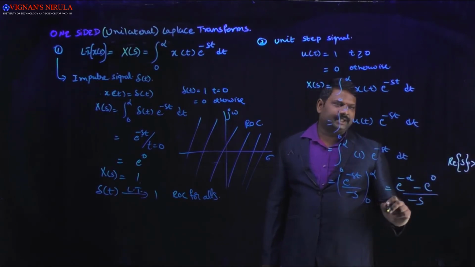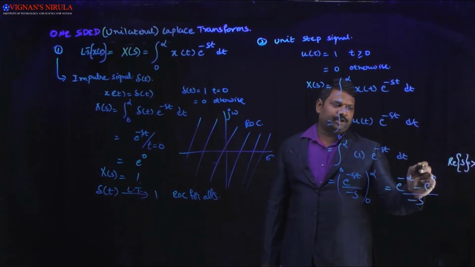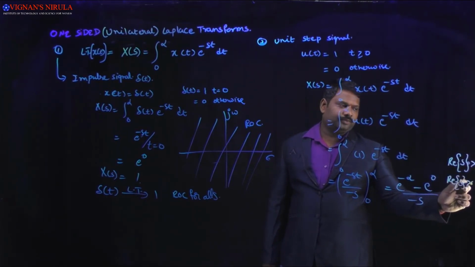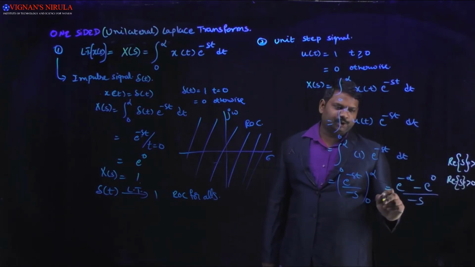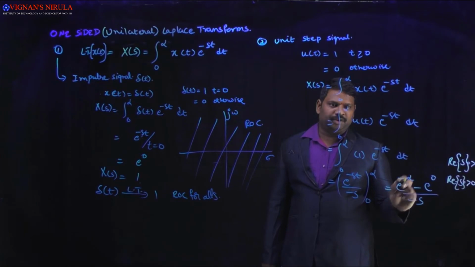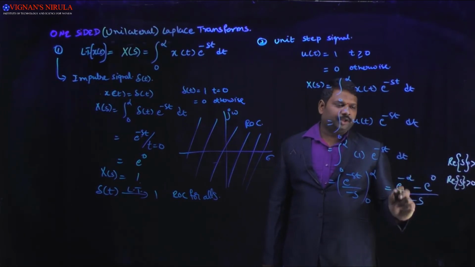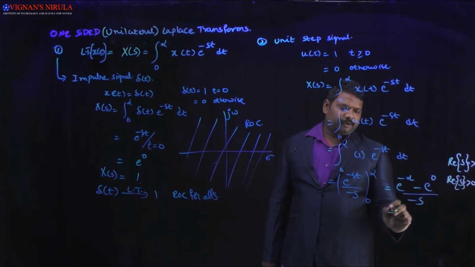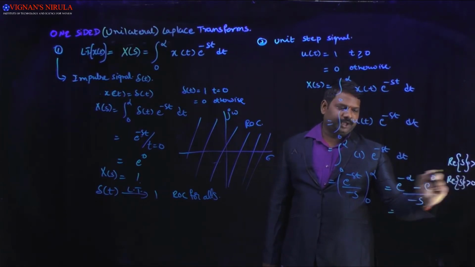If it is less than 0, we get e power infinity, and that value will be infinity. Therefore, e power minus infinity minus e power 0, by minus s, when the condition is Re of s greater than 0.